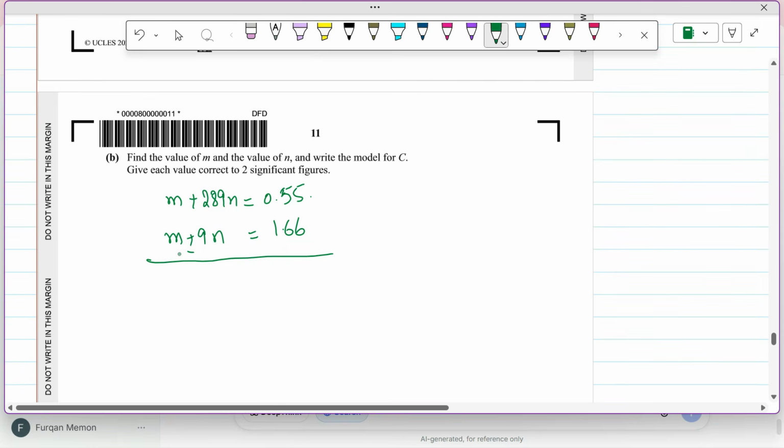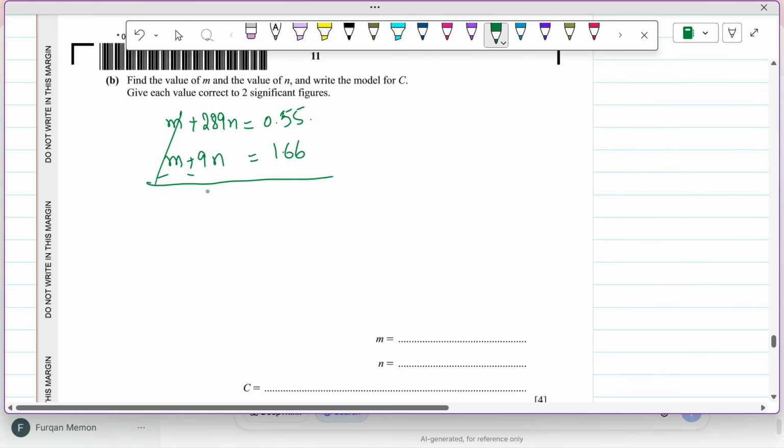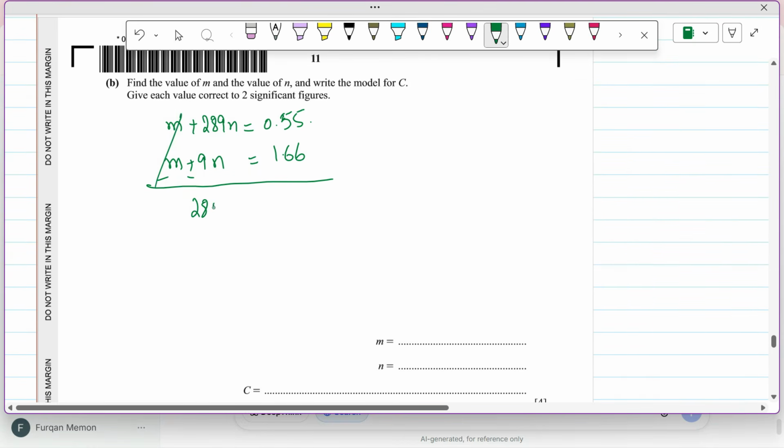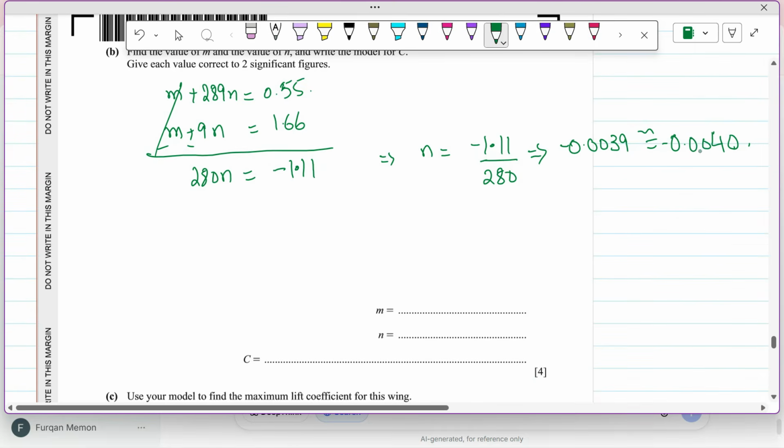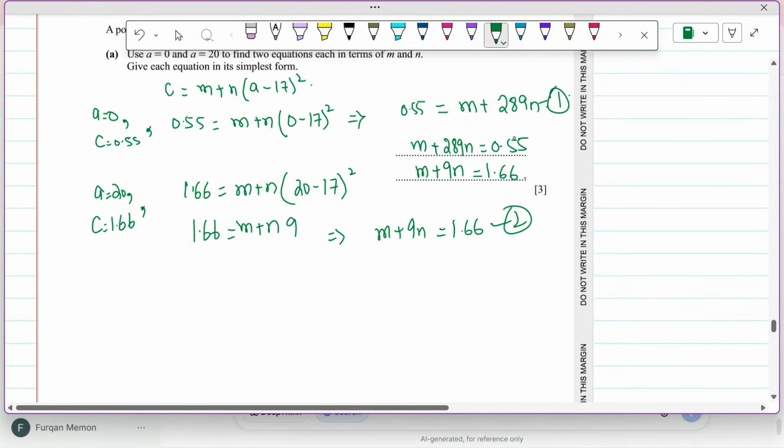Just subtracting, we will cancel this m and we will have 280n equals 0.55 minus 1.66, which is negative 1.11. So n equals negative 1.11 over 280. So this is equal to negative 0.0039, or you can say negative 0.004. Now plug this value of n in equation 2.